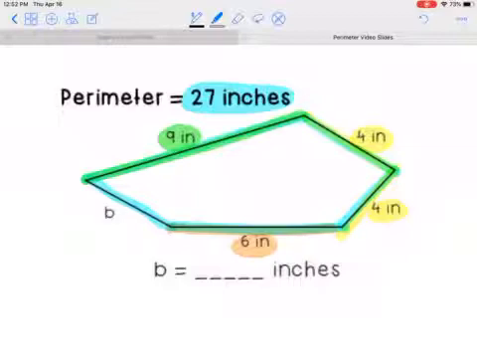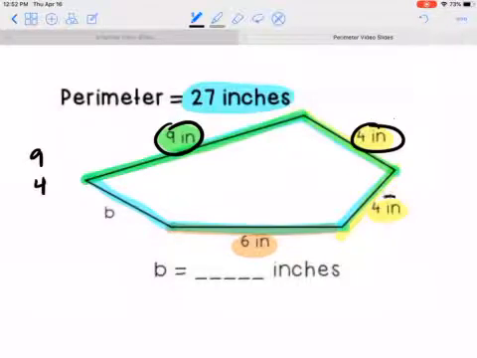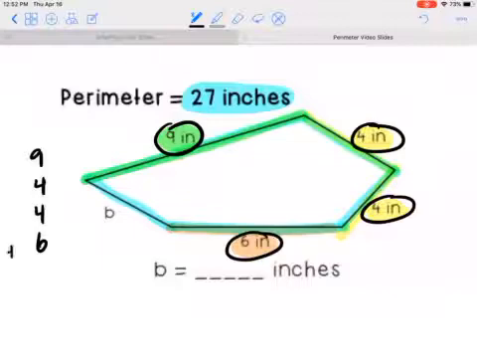So we need to figure out the total length of our known sides first. So we're going to add 9, and then 4, 4, and 6. And we're going to add those together. So I see this is a 10, and then 9 and 4 is 13.